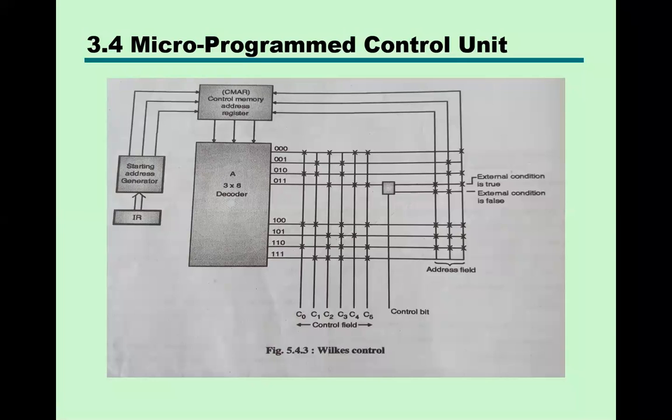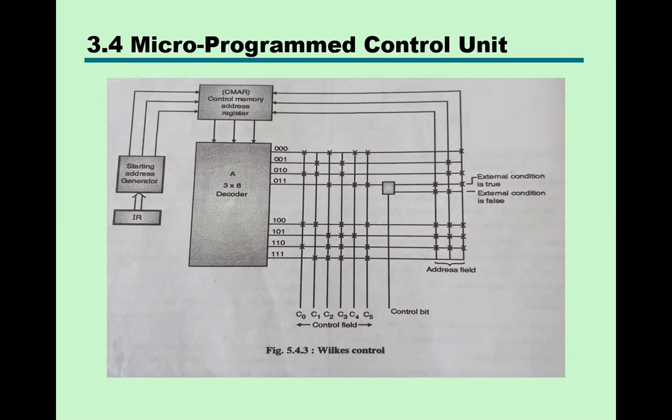It is the first working model of a microprogram control unit, and it was proposed by Wilkes in 1952. That's why the name is Wilkes control model. As we have discussed earlier, there is an address field, and obviously the control signal is generated. That we can say is a control field.